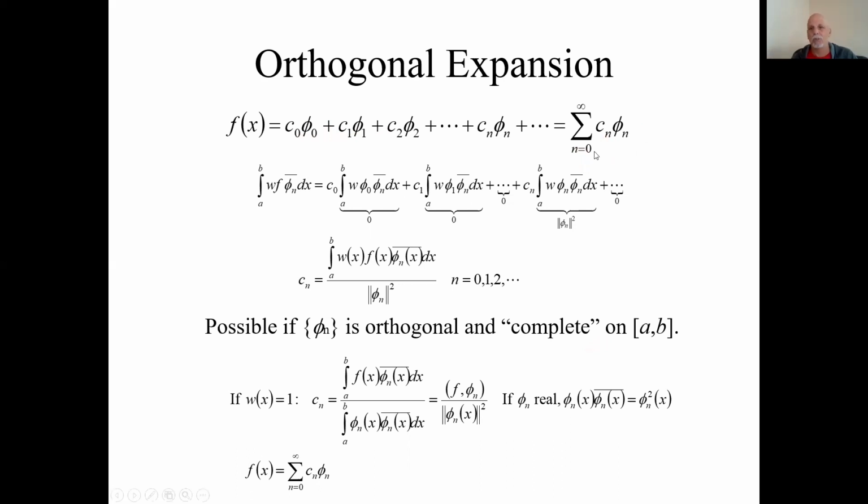There's no other function that's also orthogonal to all of them. We won't go about proving that. So here's what happens if the weighting function is 1, and it's especially easy when the functions are real.